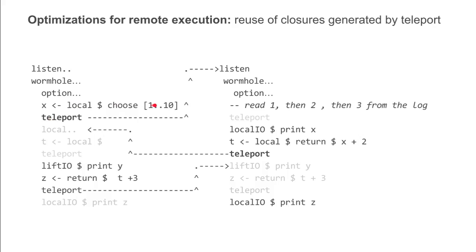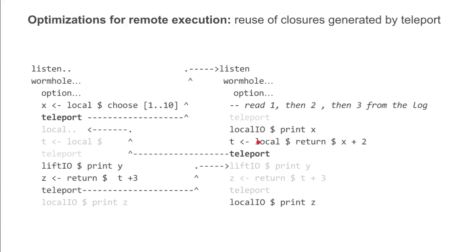Later we will see that 10 threads are generated here, but let's look at one x. It teleports, transported to listen. The wormhole does nothing, option gets from the log, and we read this first value and print it, because we don't have more log, this is executed.